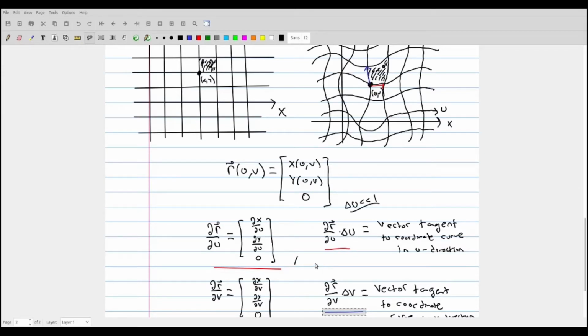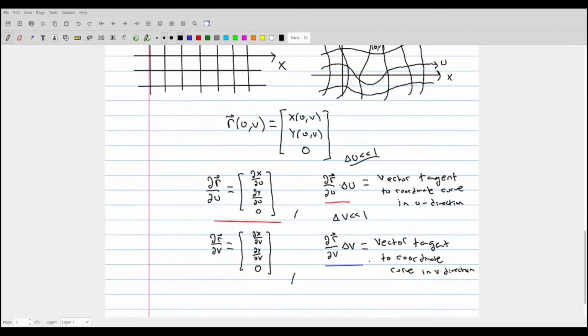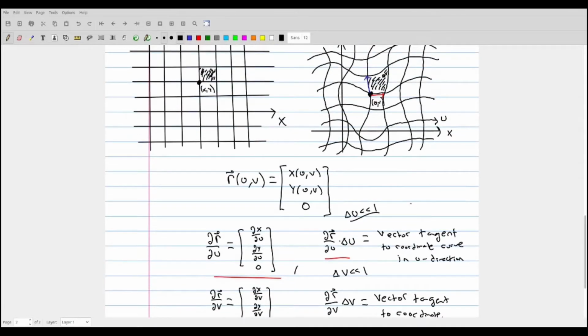So at any given point, you can calculate these vectors, for small values of delta u and small values of delta v. We need to figure out a way of getting the area, or an approximation to the area, of this new box in this new coordinate system.